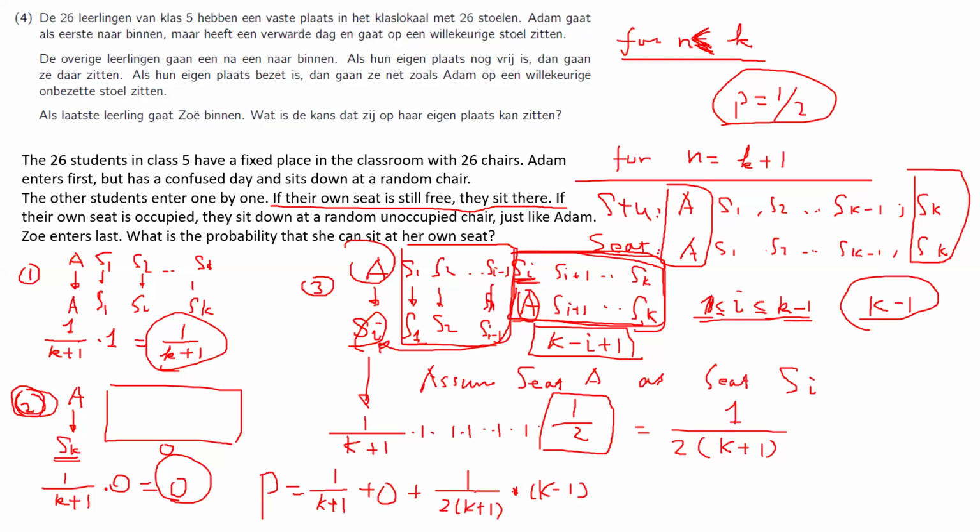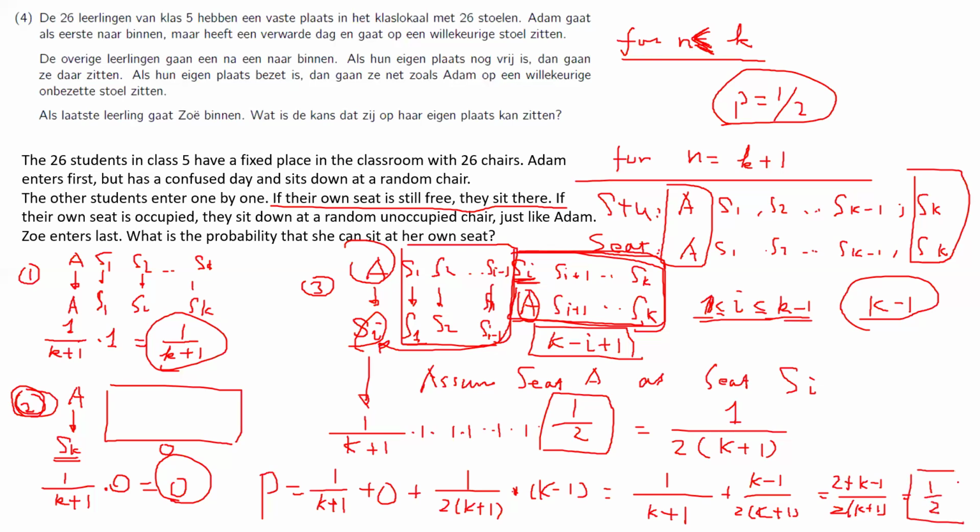So here we have 1 over k plus 1 for the first case, 0 for the second case, and (k minus 1) over 2 times (k plus 1) for the third. That sums to half.